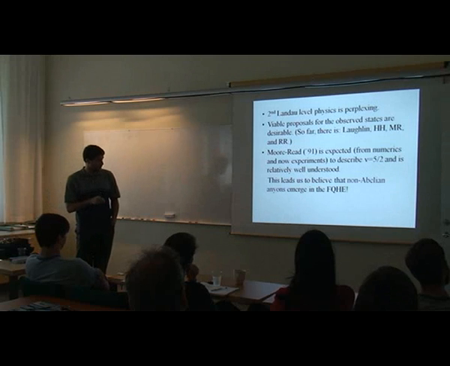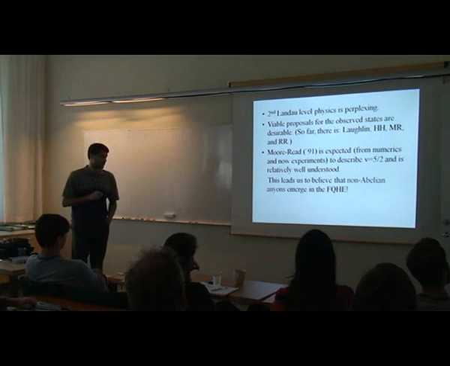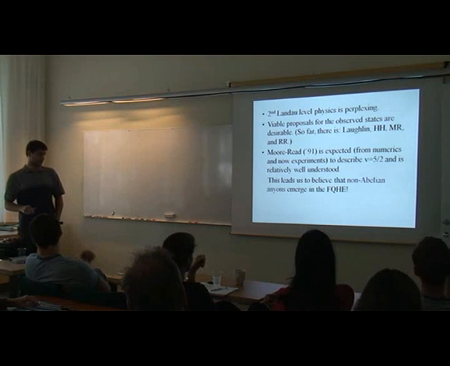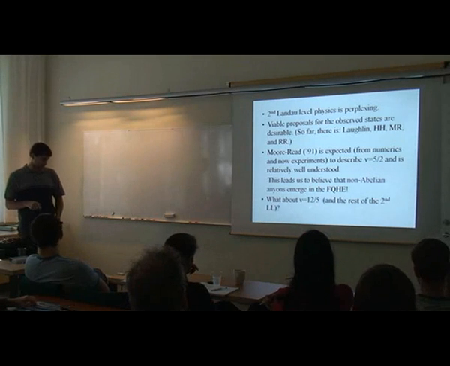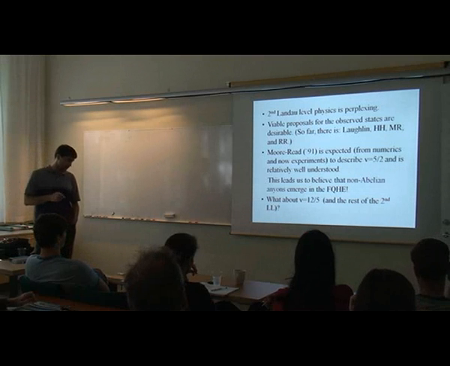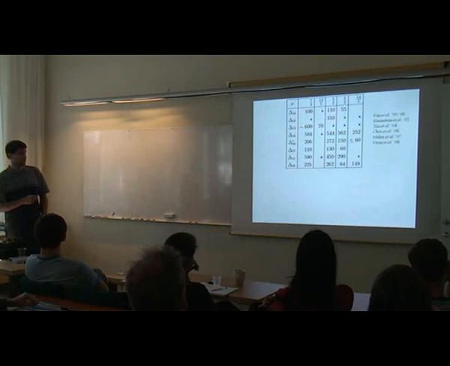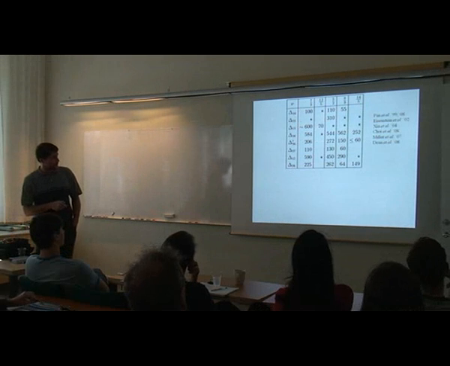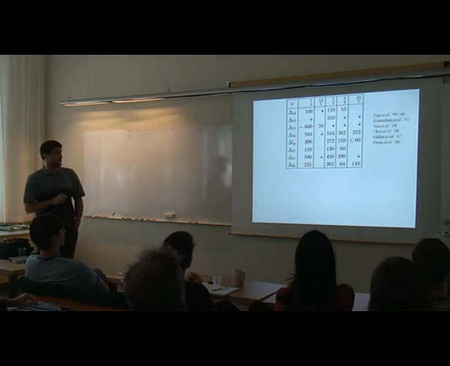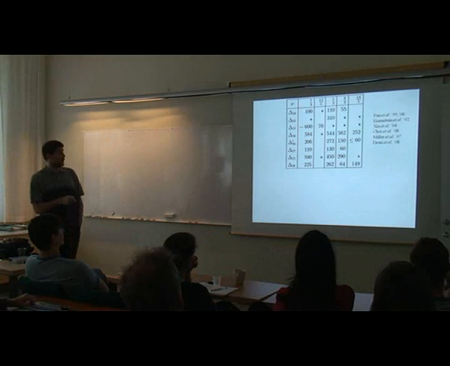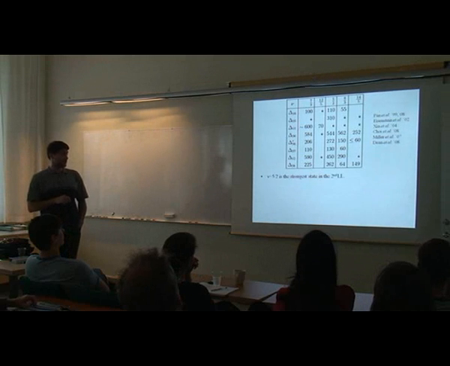And of course, the important prediction from this Moore-Read state is that it leads us to believe in the existence of non-abelian anyons. So the question now that I'll address is, what about 12/5 and other plateaus that you see in the second Landau level? Well, here is just an accumulation of the gaps that have been measured experimentally for these various second Landau level filling fractions.